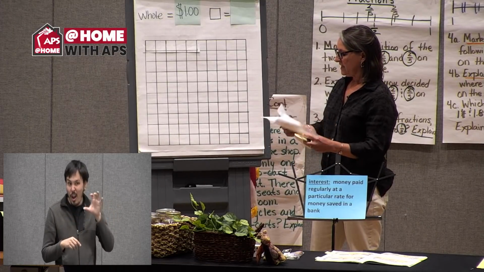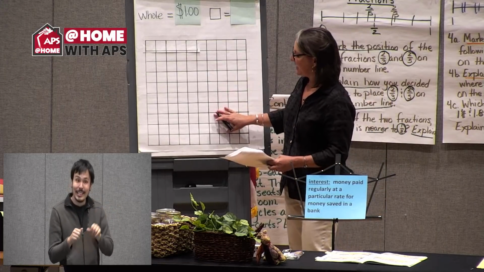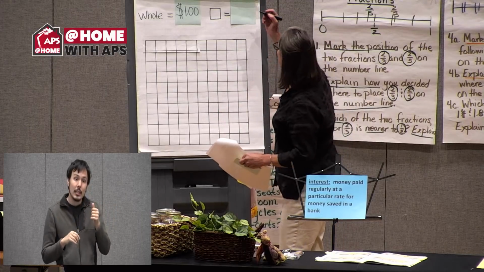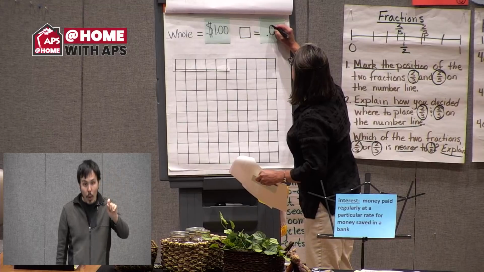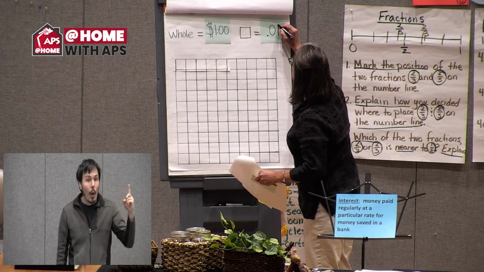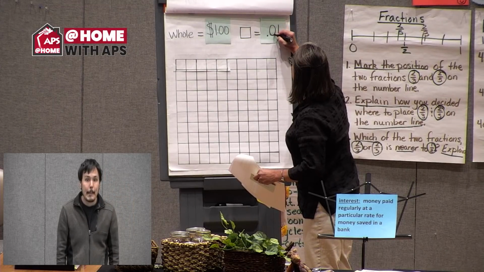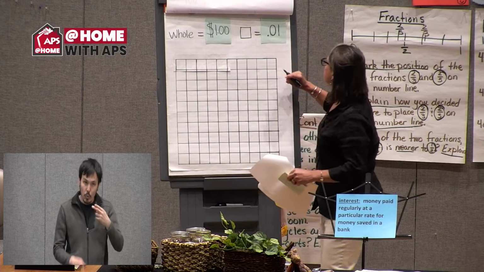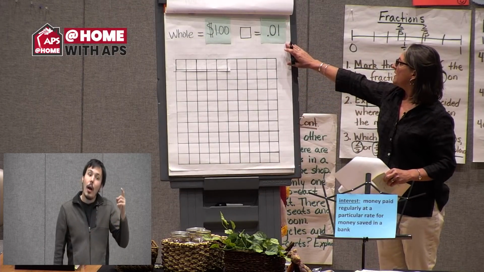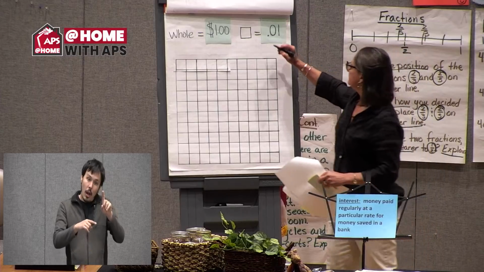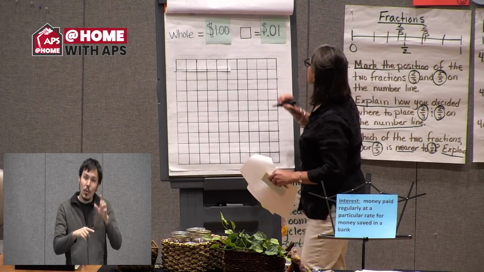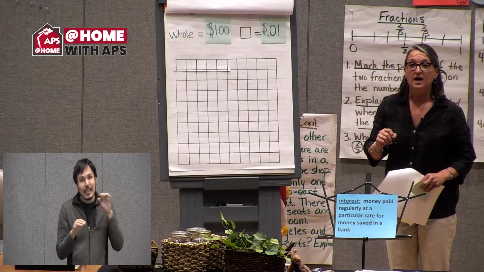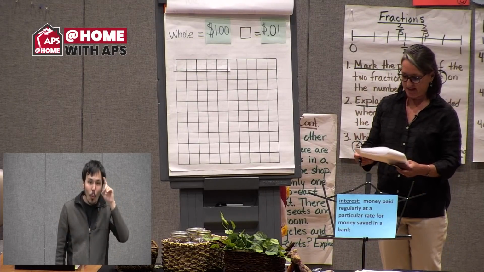So each square inside represents a unit of 0.01, okay, which we would call 1/100th of the dollar. You might recognize it if I put a dollar sign in front of it because it's also the same as 1 cent, right?